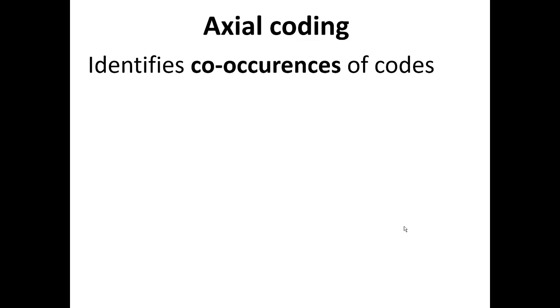So axial coding looks for relations between already existing codes. You could think of that as a second level of coding. So it identifies, some people would say, co-occurrences of codes.